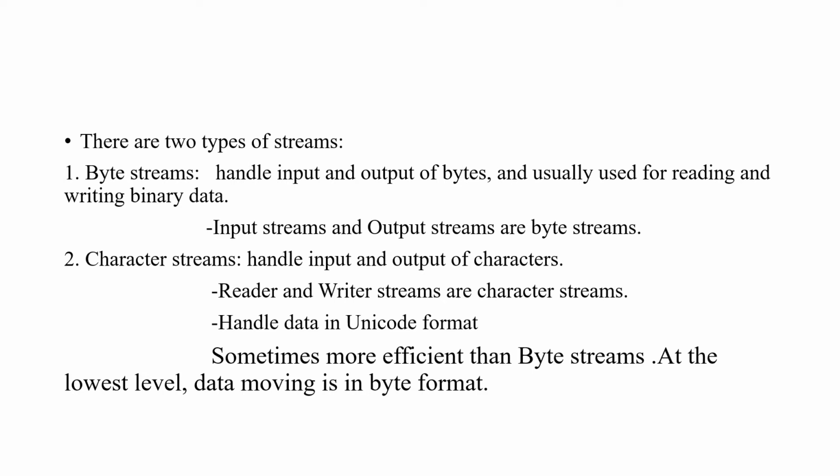Character stream classes will normally have the word reader or writer in their names. Character streams handle data in Unicode format. Character streams are more efficient than byte streams. At the lowest level, all data movement takes place in byte format.